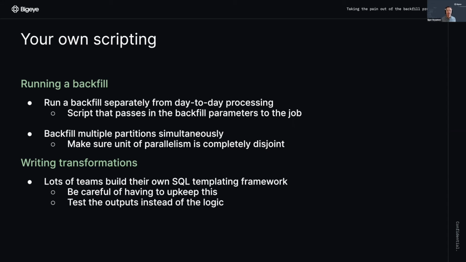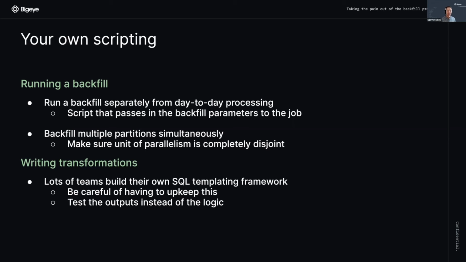Also, by having a separate script, you can run these backfill jobs simultaneously, and process multiple partitions at the same time. Whereas typically with orchestration frameworks, they want to run one version of a job at a time, and you would have to create multiple jobs, which is a lot of overhead that you probably don't need.